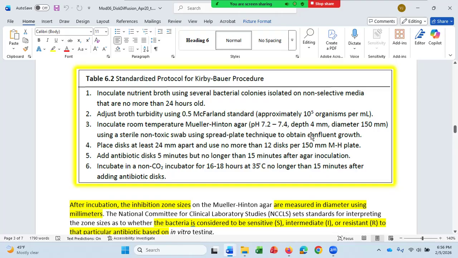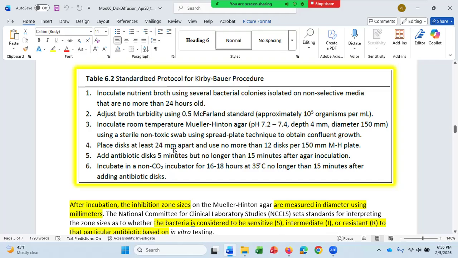If you have deeper agar, the antibiotic will diffuse less in the agar. If you have less agar, less than 4 millimeters, the antibiotics will diffuse further. So you always have to use Mueller-Hinton plates, pH 7.2 to 7.4, depth 4 millimeters, and we always use plates with a diameter of 150 millimeters.